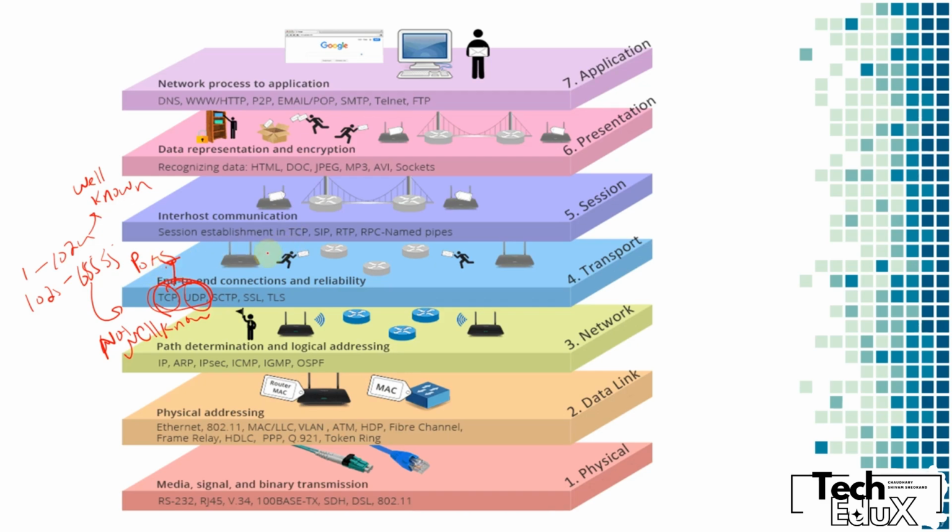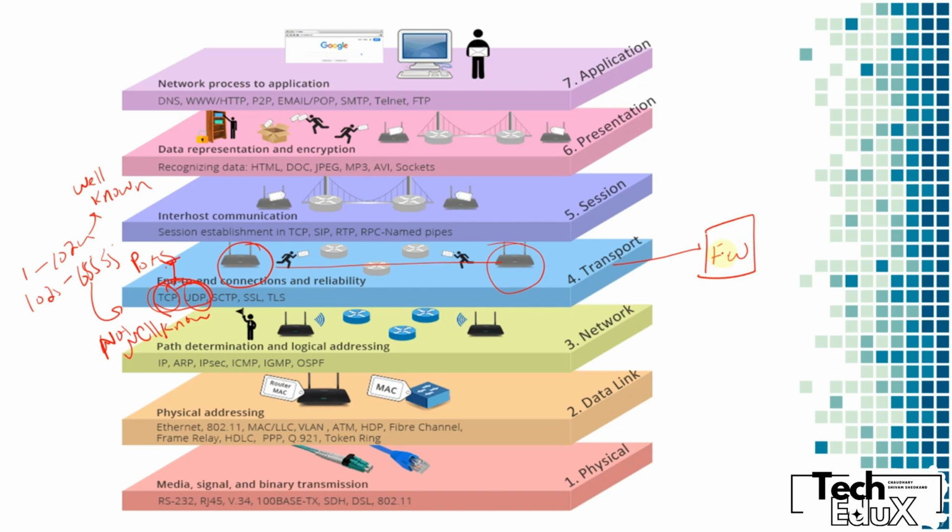Okay, so we have to send information from source to destination in a correct format. Then, if you are not able to communicate with another device, maybe this could be due to a firewall.